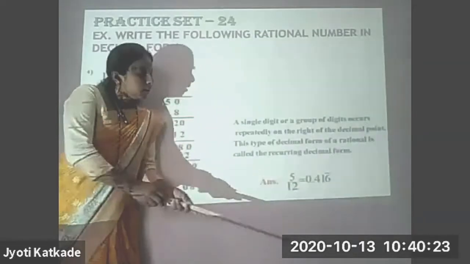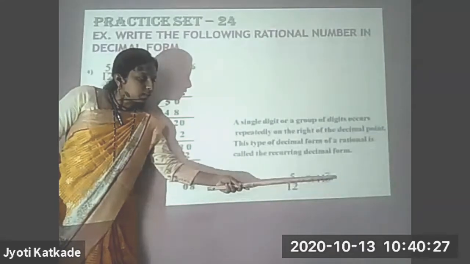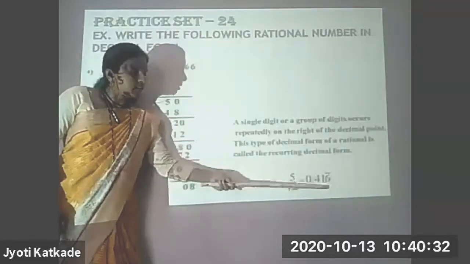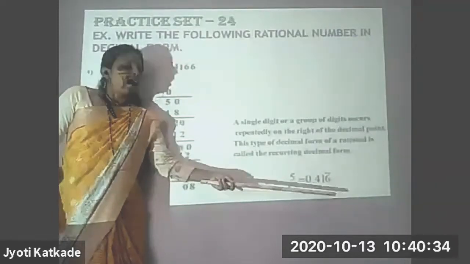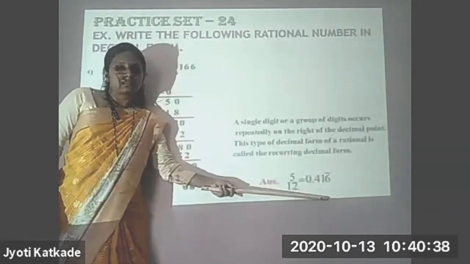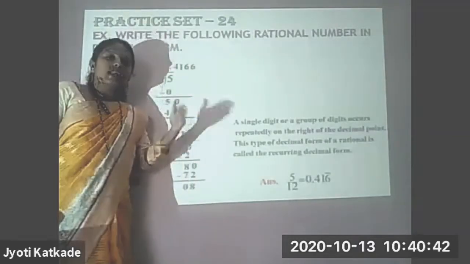Now see, on the top of that 6, we put one point. Why is there a point? I think I have told you why there is a point on the top of that 6. Because the value of 6 is repeating again and again.